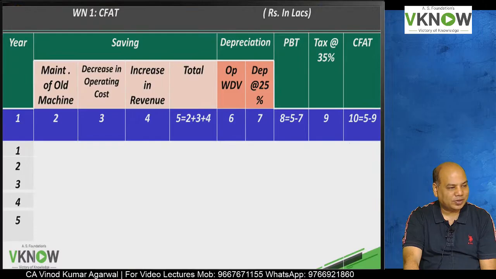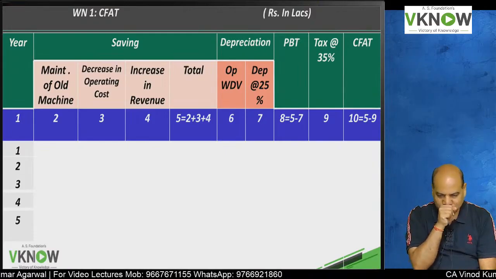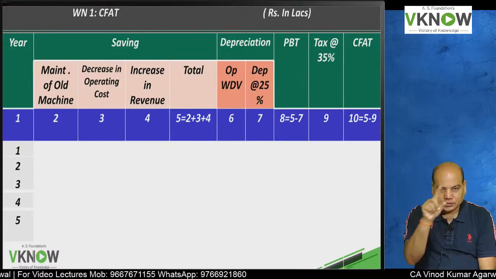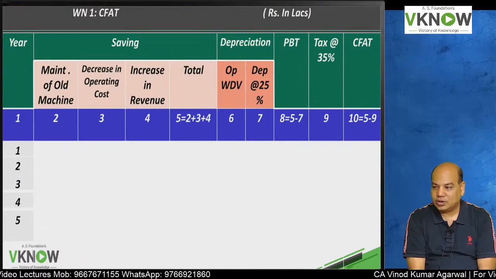Any other format is welcome if your answer is same. First column year, second one big column savings, and under savings we have total 4 columns.